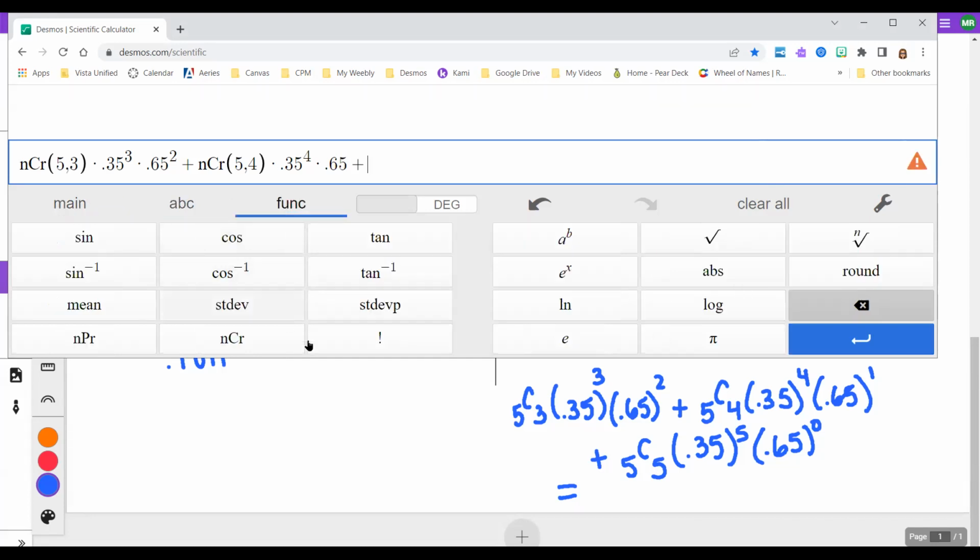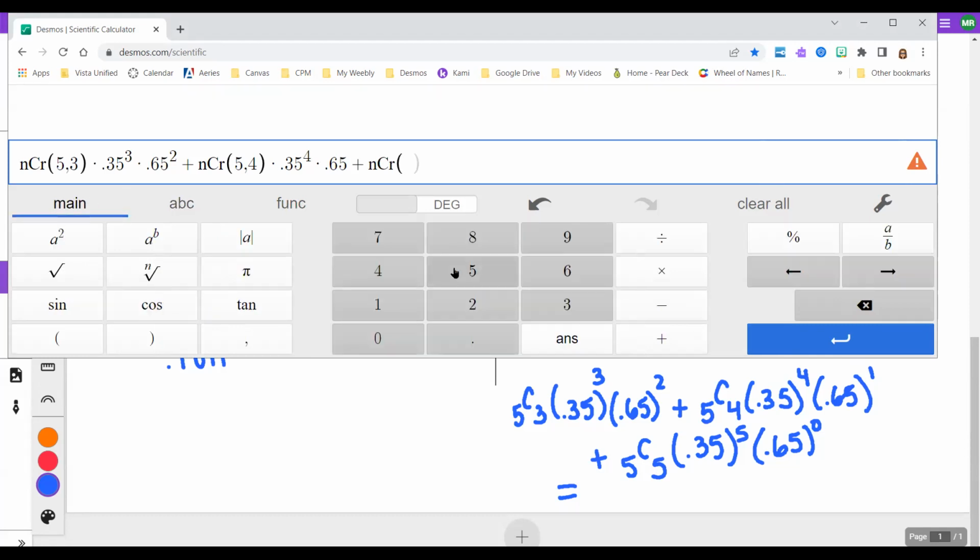So 5 choose 5 times 0.35 to the power 5. And I don't need to do the 0.65 to the power 0 because that's just going to be a 1. And honestly, 5 choose 5 is also just a 1. But I see the answer right here.